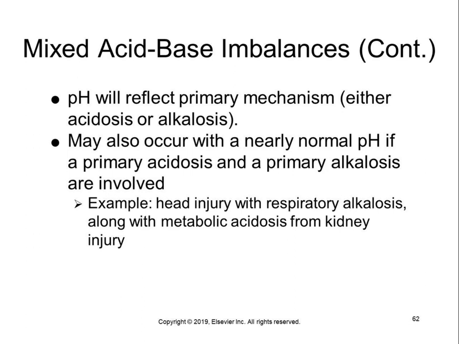Mixed acid and base imbalance: pH will reflect the primary mechanism, either acidosis or alkalosis, and may also occur with a nearly normal pH if both a primary acidosis and primary alkalosis are involved. Example: head injury with respiratory alkalosis, along with metabolic acidosis from kidney injury.